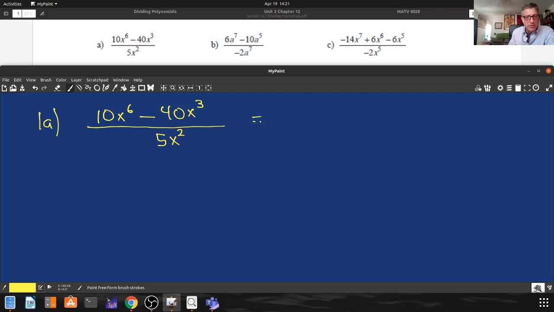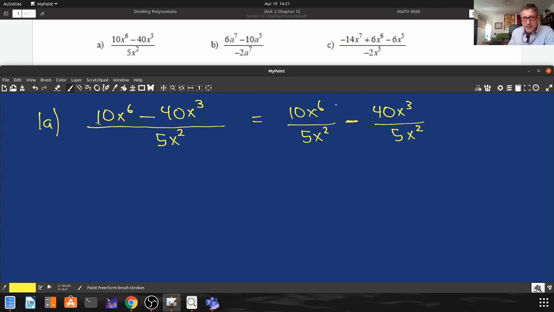So by the rule, I take the first term in my numerator, 10x raised to the 6th, and I divide it by my denominator. Then, since this is a minus sign, I'll write a minus, and 40x cubed divided by my denominator.